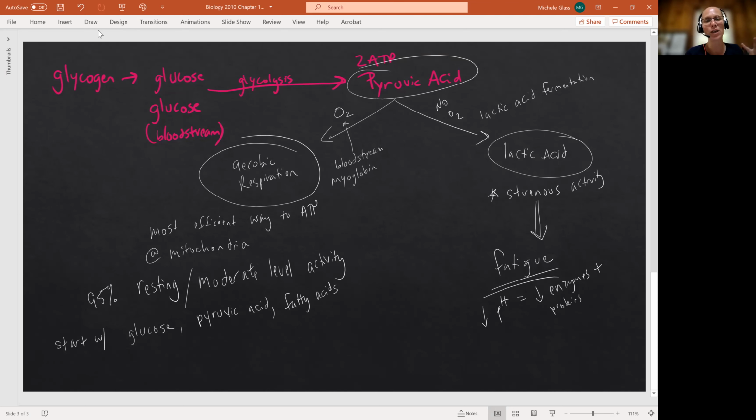And we said the environment, including pH, can be a factor in protein structure. So what we see is this buildup of lactic acid lowers the pH of the cell. That's changing the environment. And so the enzymes that we need for these processes, the proteins, the contractile proteins, are not fitting together in the way that they should.